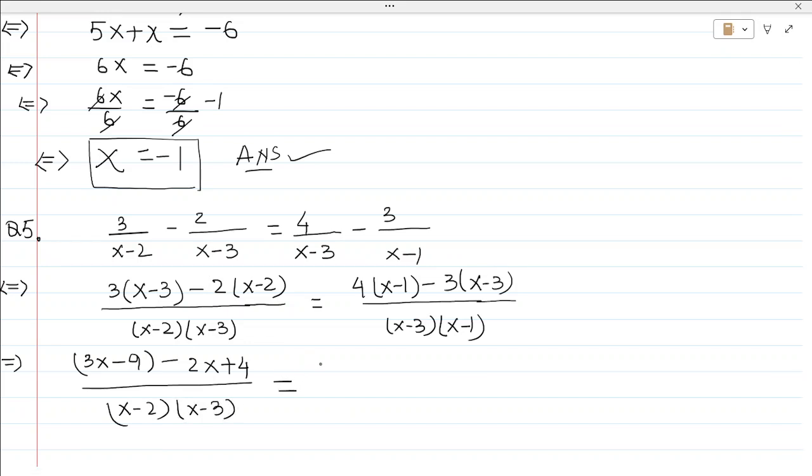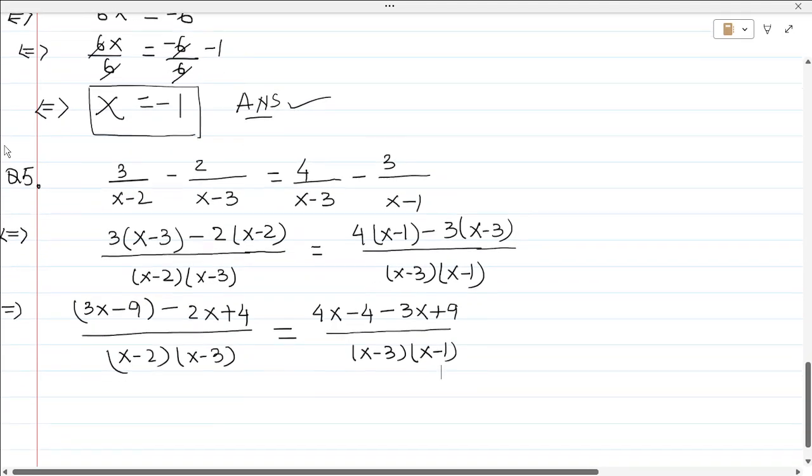Now on the other side, open the bracket, we will get 4x minus 4 minus 3x plus 3 plus 9, minus 3 multiplied by minus 3, and in the denominator we are having x minus 3 multiplied by x minus 1.